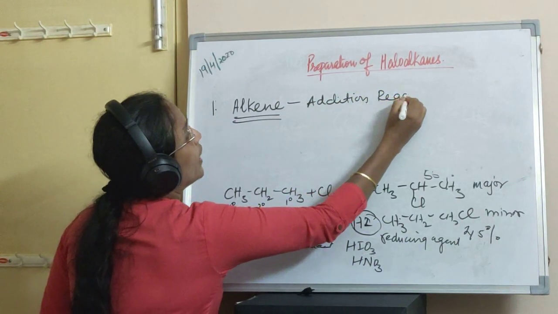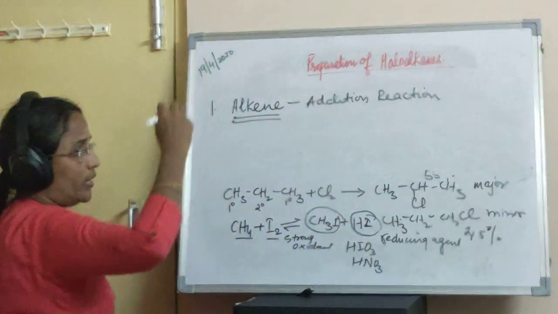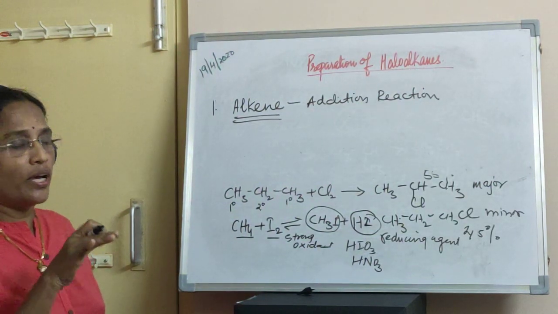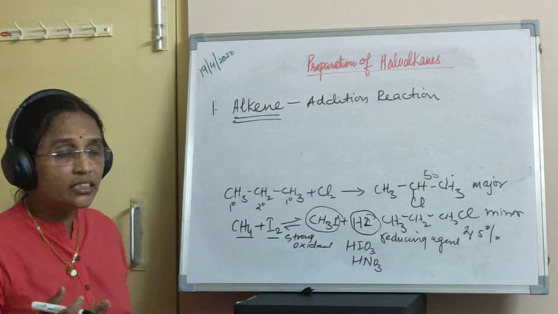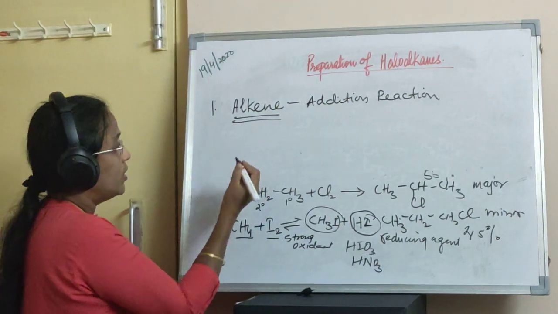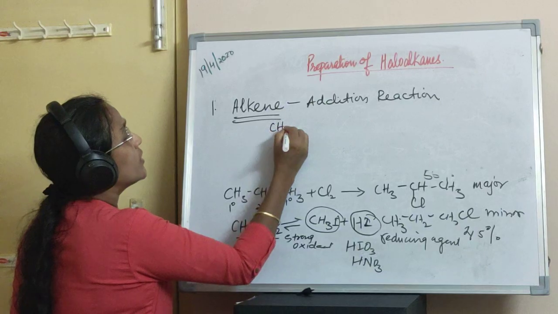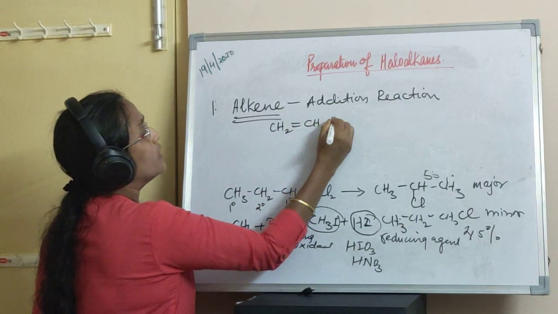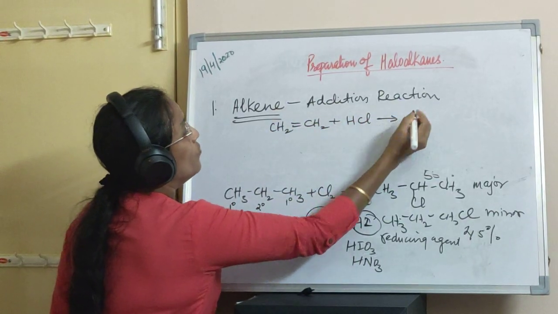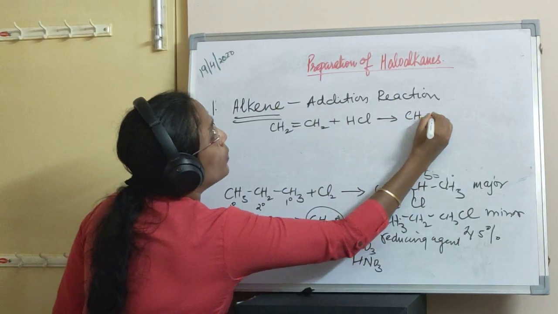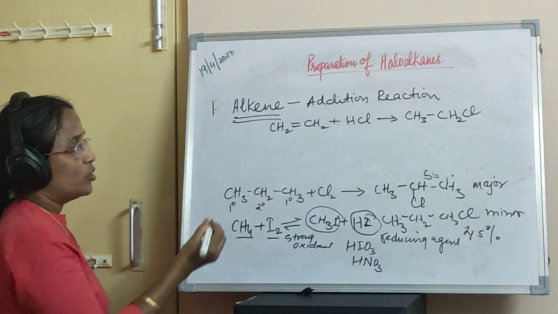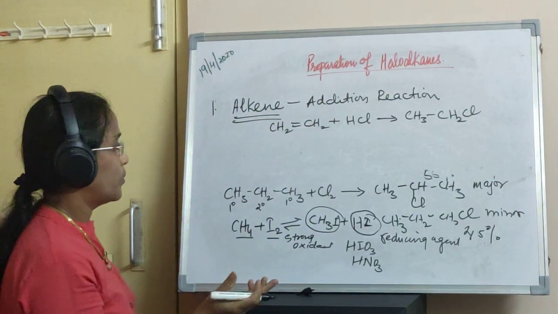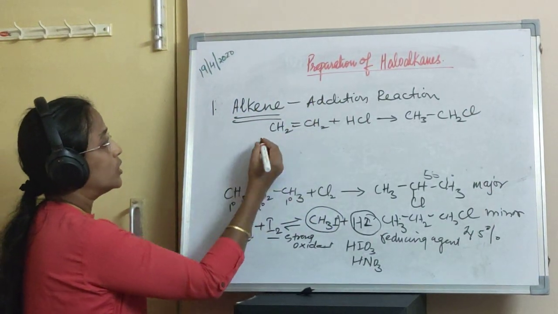We know that when any halo acid is added to an alkene, Markovnikov's rule is followed, especially for unsymmetrical alkene, it is significant. So if you just add HCl to ethene, there is no problem. The pi bond will break and we get a product like this. There's no problem, there's no tension here.